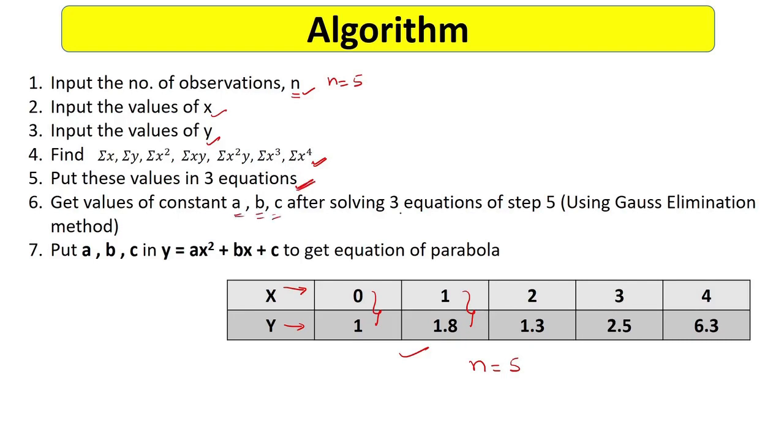We can use any method, as I told you. In programming, I will use the Gauss elimination method. After we have solved these equations to find the values of a, b and c, we put these 3 values in the equation of the parabola, so that we can get the final equation of the parabola.